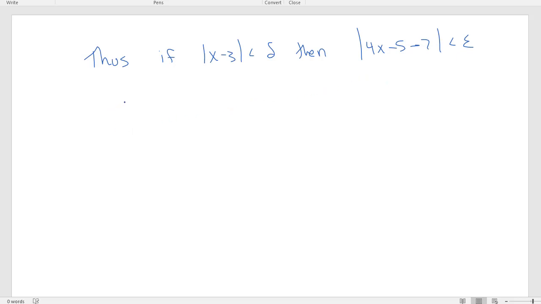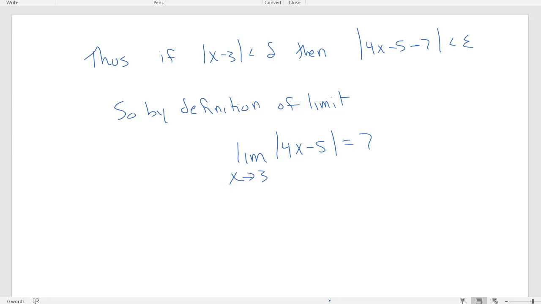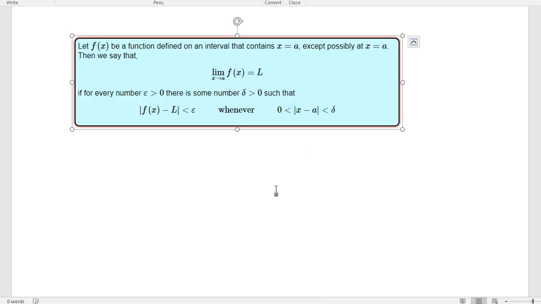So by definition of the limit, we know that the limit of 4x minus 5 will be equal to 7 as x gets close to 3. So this is the formal proof based on the definition of the limit.